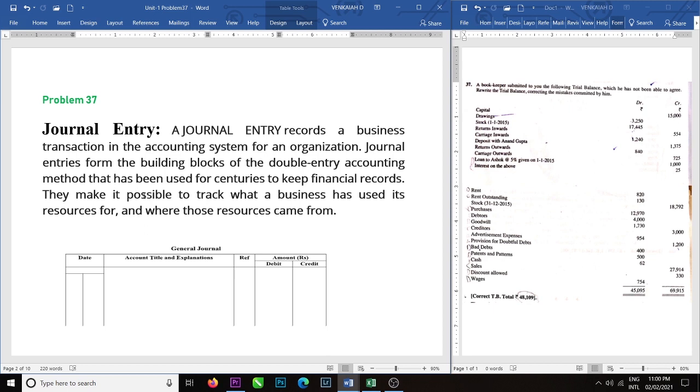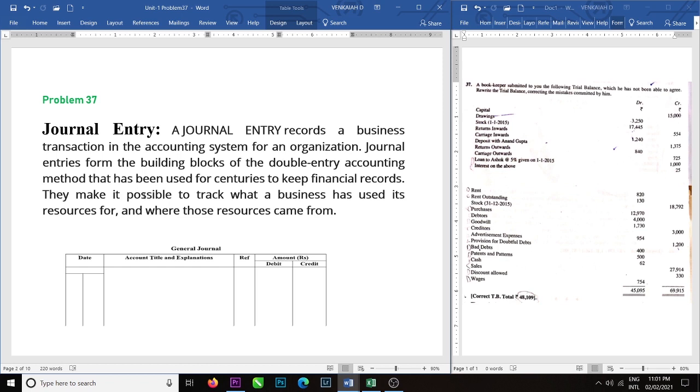What we remember when we are passing journal entries is that accounts are of three types, and the three types of accounts have their own rules. Accounts are personal, real, nominal. Personal account rules are debit the receiver, credit the giver.